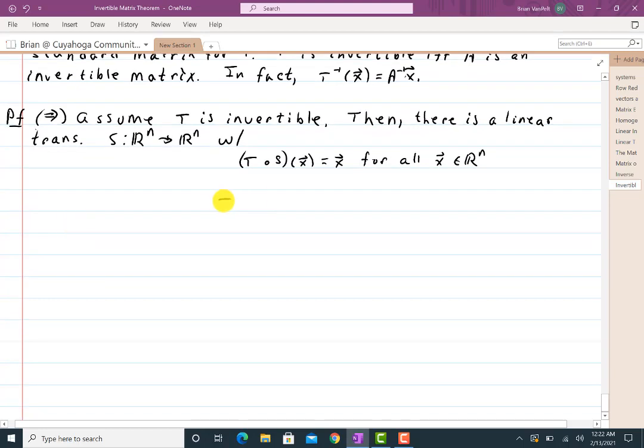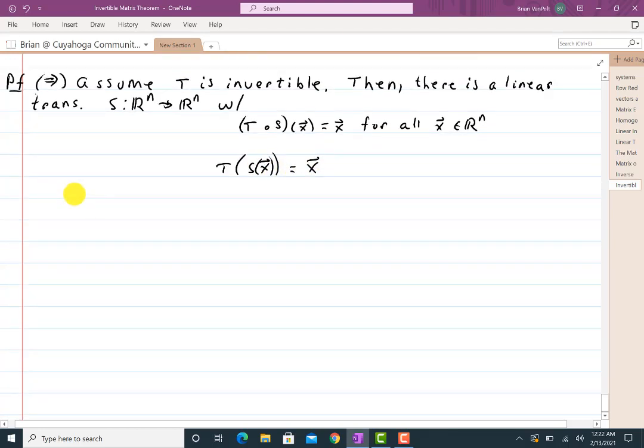Well, this is no different than T of S of x equals x. But then remember, T of x equals Ax. So that means over here I'll have an x, and then I'll have an A times S of x. Like so.